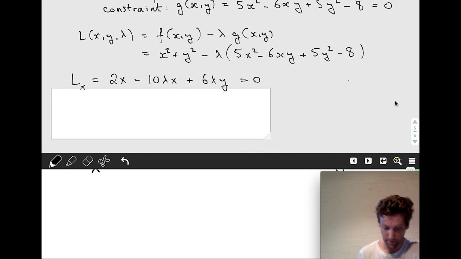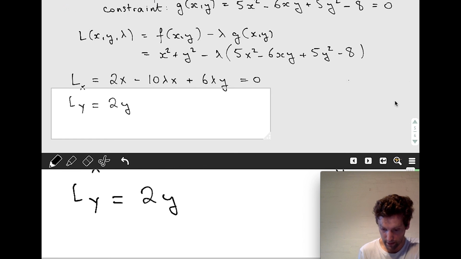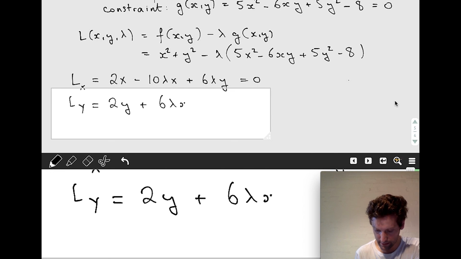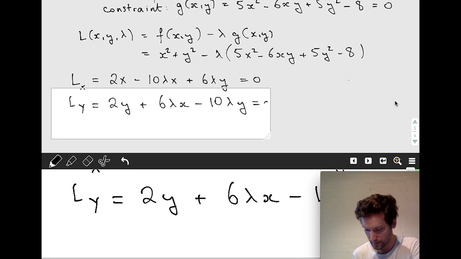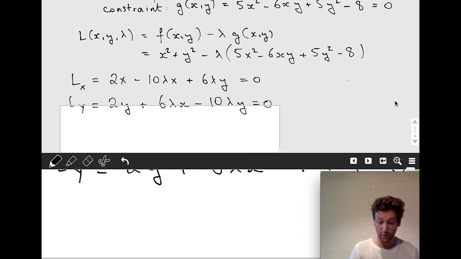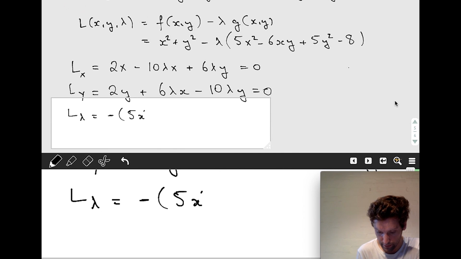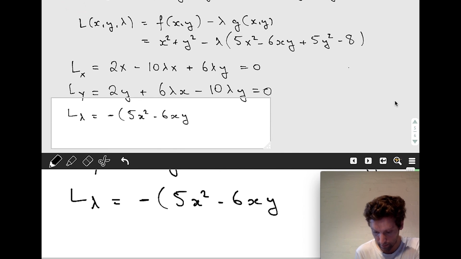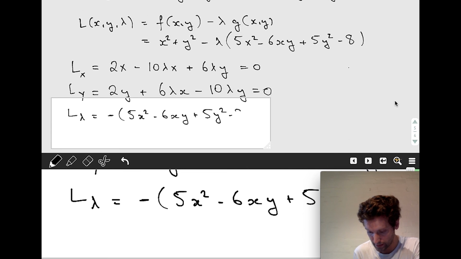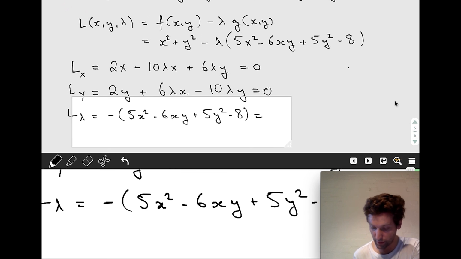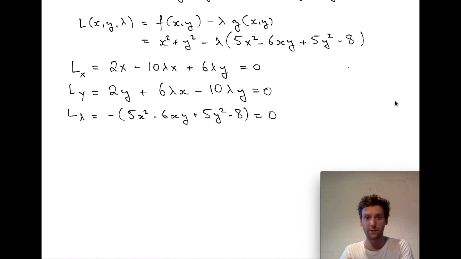The partial derivative of L with respect to y is equal to 2y plus 6 lambda x minus 10 lambda y is equal to 0. And of course we also have L subscript lambda, which is equal to minus 5x squared minus 6xy plus 5y squared minus 8, equal to 0. So as usual, that just gives us back our constraint.